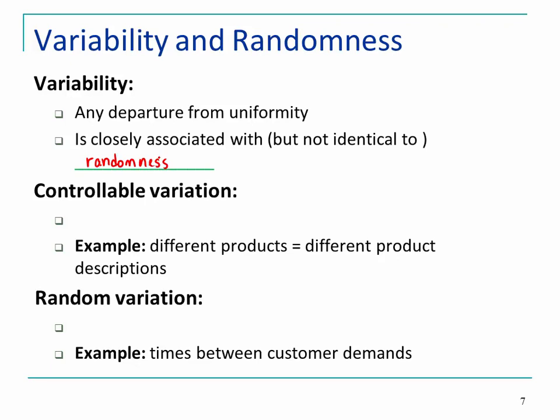There are some types of variability that we can control, and that's what we call controllable variation. And this occurs as a direct result of some decisions.